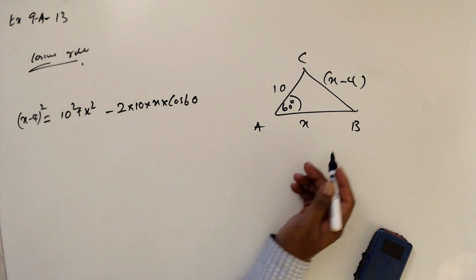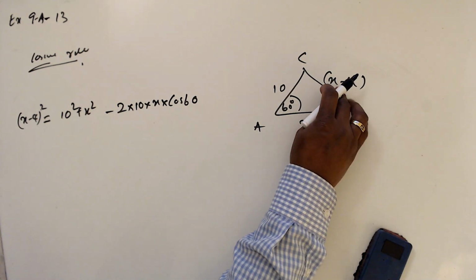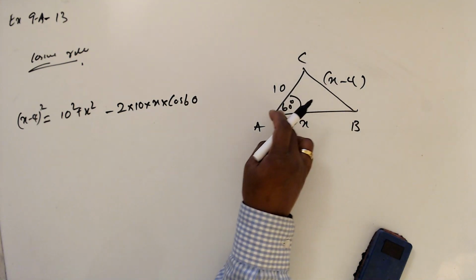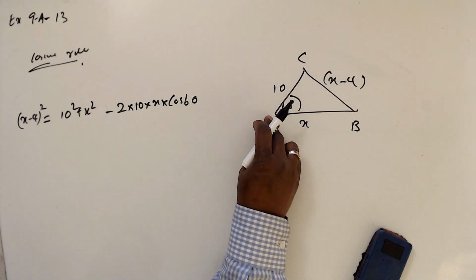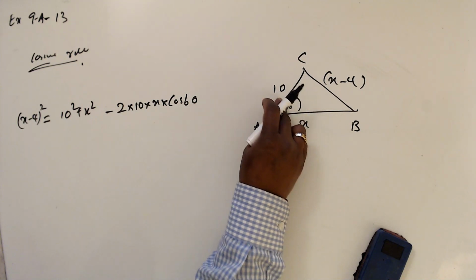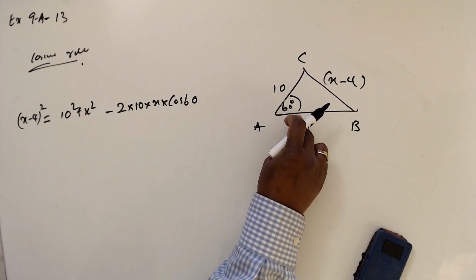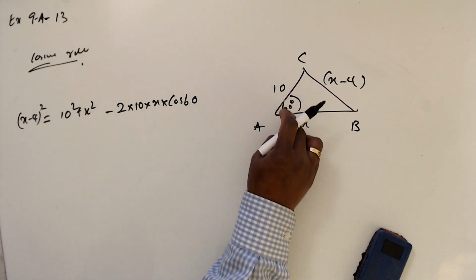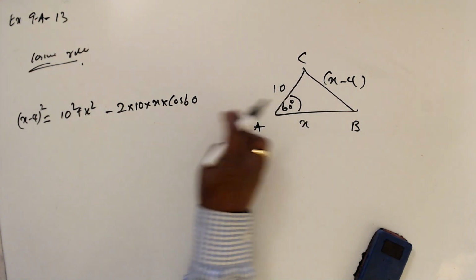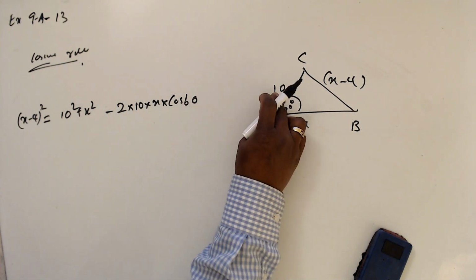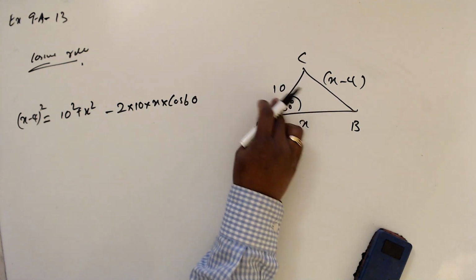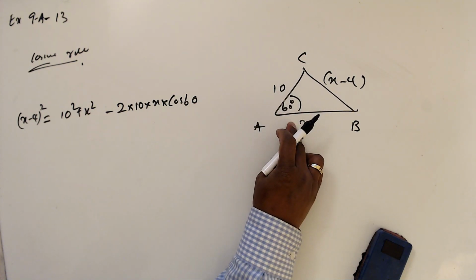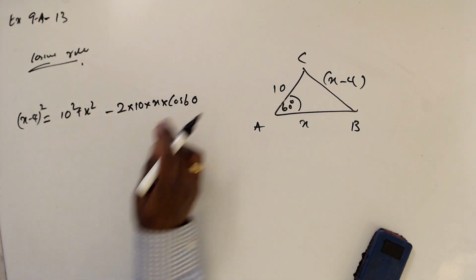Hope you can remember this one. If you select this one, the front one is the angle, then the 2 adjacent sides squared minus 2 times the 2 adjacent sides, 10 times x, and the cos 60.